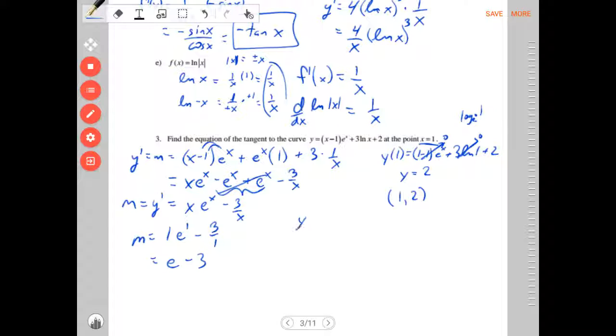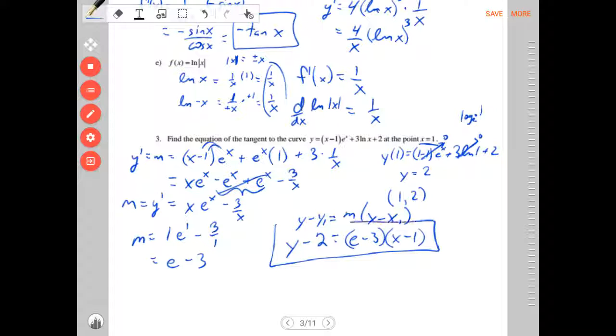Then y minus y1 equals m times x minus x1. So y minus 2 equals e minus 3 times x minus 1. And there is the equation of the tangent line.